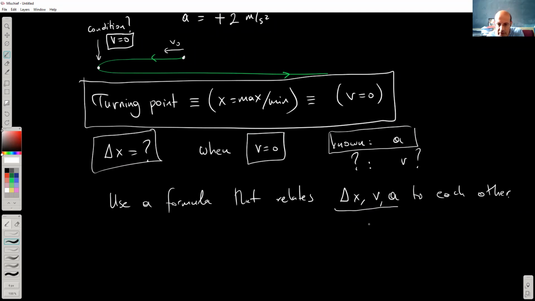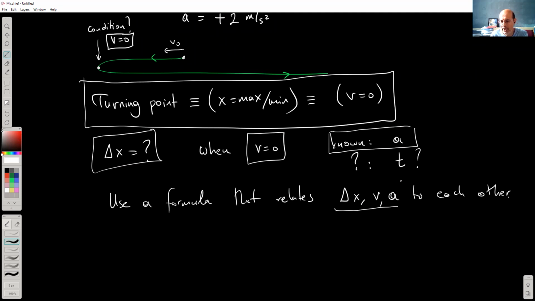Sorry, there's something else in here. Final time, that's the one that I don't know, all right? So I know the final velocity. I know the acceleration. I don't know what the displacement is, and that's the one I need to find. I don't want to find the final time.